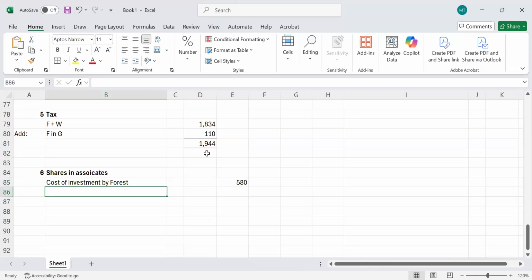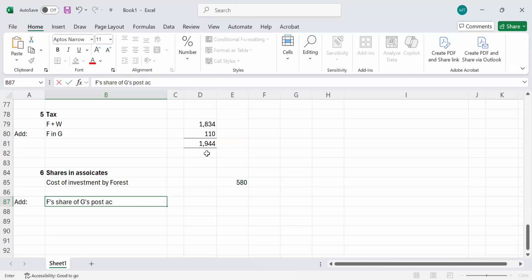What do we do next? We will look for the parent's share of the associate's post-acquisition profit, and there is a formula for calculating this figure. So we are going to add Forest's share of Grove's post-acquisition profit.